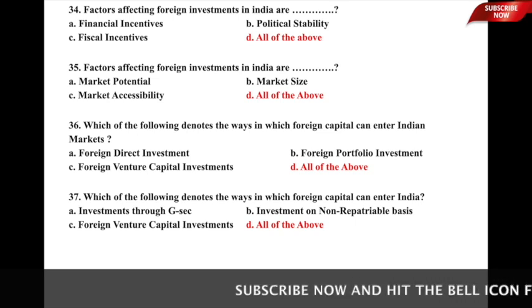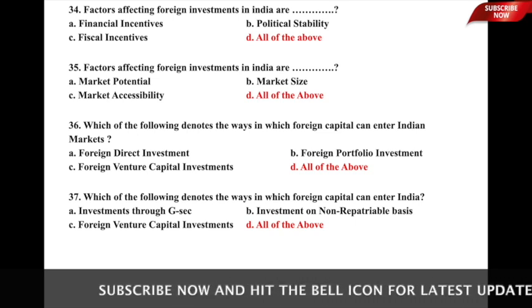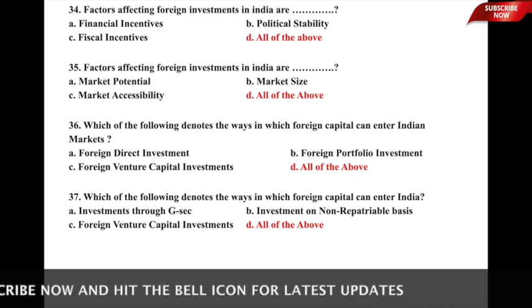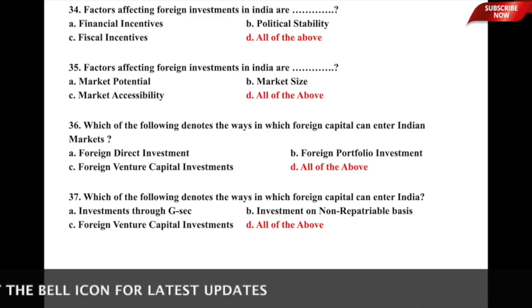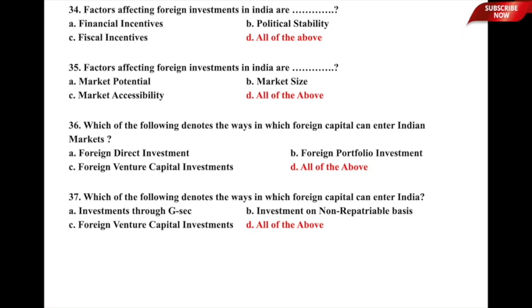So here the ways in which foreign capital can enter into Indian markets are denoted by points A, B, and C, that is FDI, FIIs, that is foreign portfolio investments, as well as foreign venture capital investments. So option D, all of the above, is the correct answer to this particular question. I hope that is clear. Let us now move to the next one.